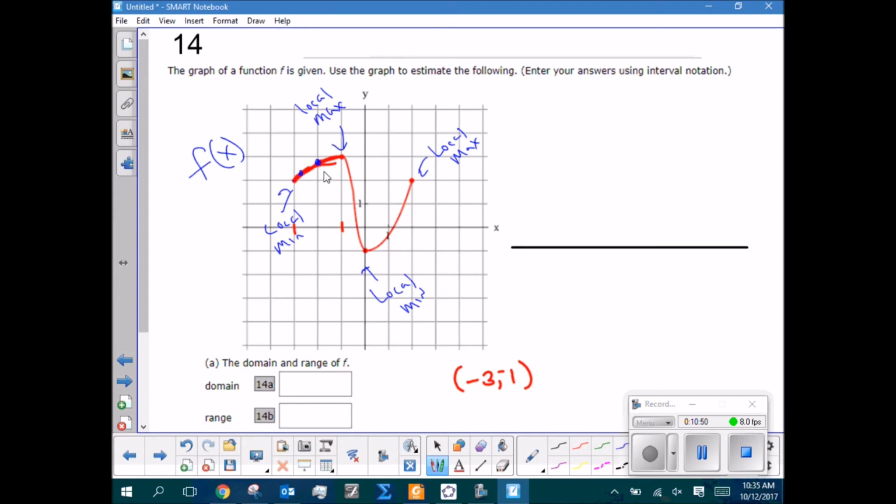Okay, and that continues to happen. If I look at now that point and that point, still my y values are getting bigger, and I can keep doing that until I get to that point right there, and that's the very tip top. It's the maximum, and then everywhere after the maximum, I'm going to start decreasing again.